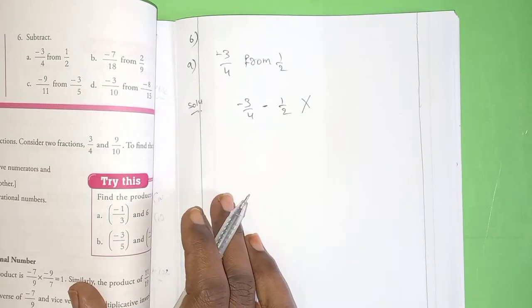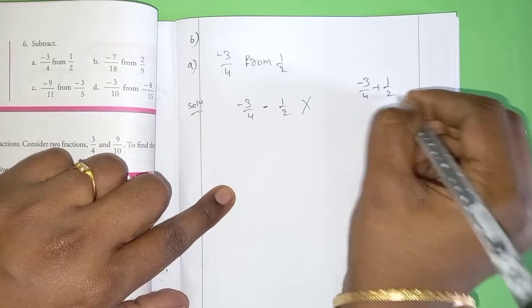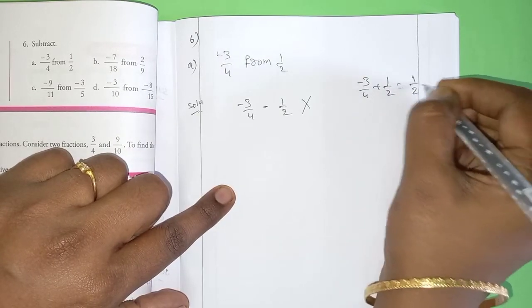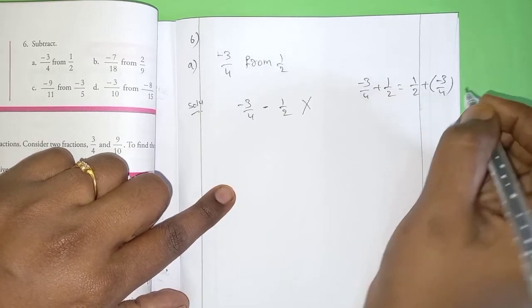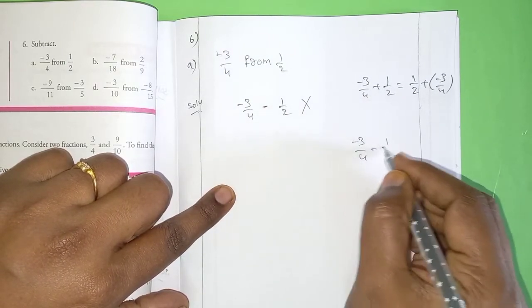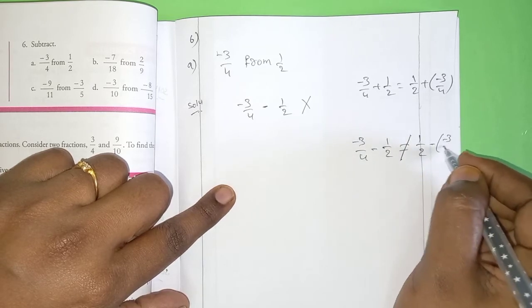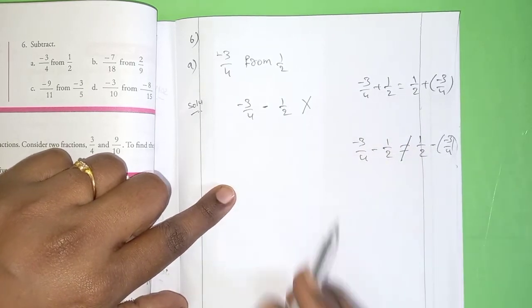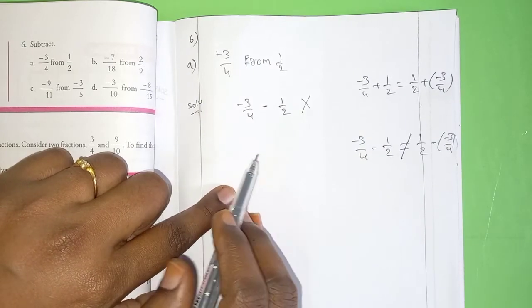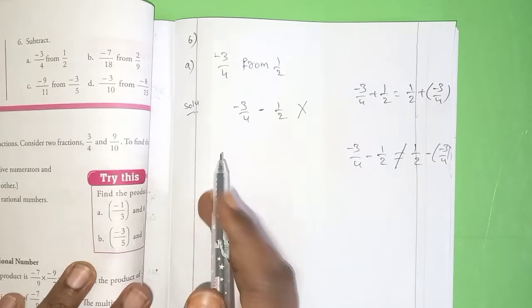If it is addition, minus 3 by 4 plus 1 by 2 is equal to 1 by 2 plus minus 3 by 4. But in subtraction, minus 3 by 4 minus 1 by 2 is not equal to 1 by 2 minus of minus 3 by 4. That is the reason you have to make sure how we use the subtraction.